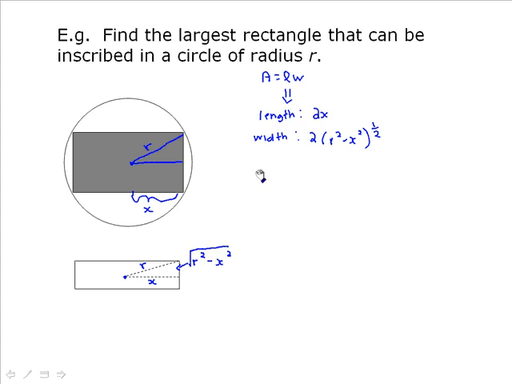So therefore the area is equal to 2x, the length, times 2 multiplied by r squared minus x squared to the 1/2. So the area is equal to 4x times r squared minus x squared to the 1/2.